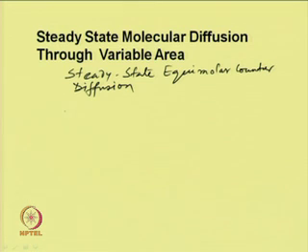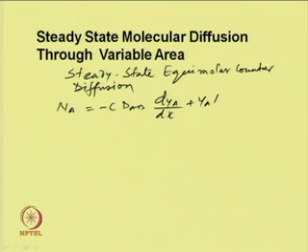As we know, the flux is minus C dAB dYA by dx plus YAN.